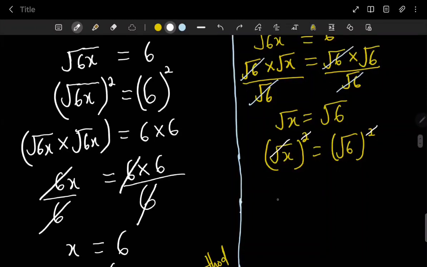Let me write it down here. So if you have, for instance, a square root of a, right, it can be written as a raised to the power 1 out of 2.